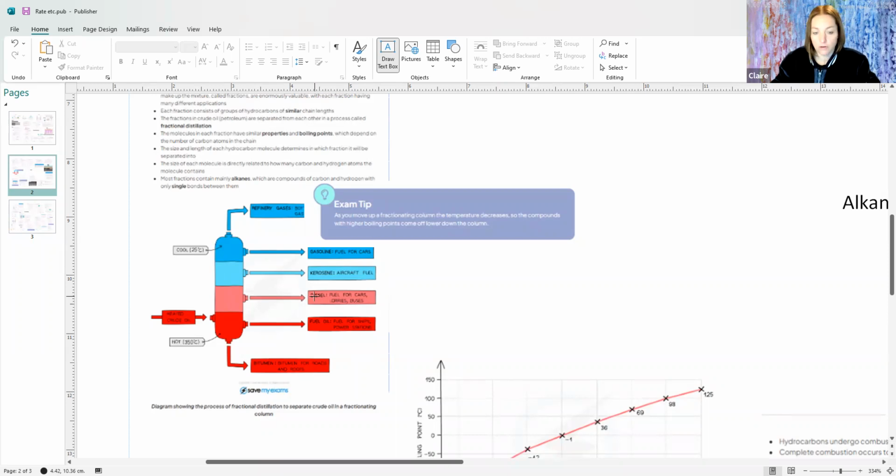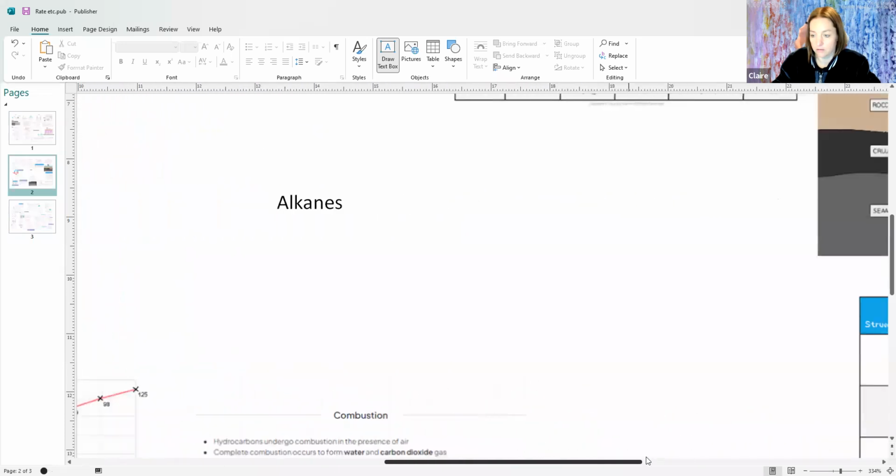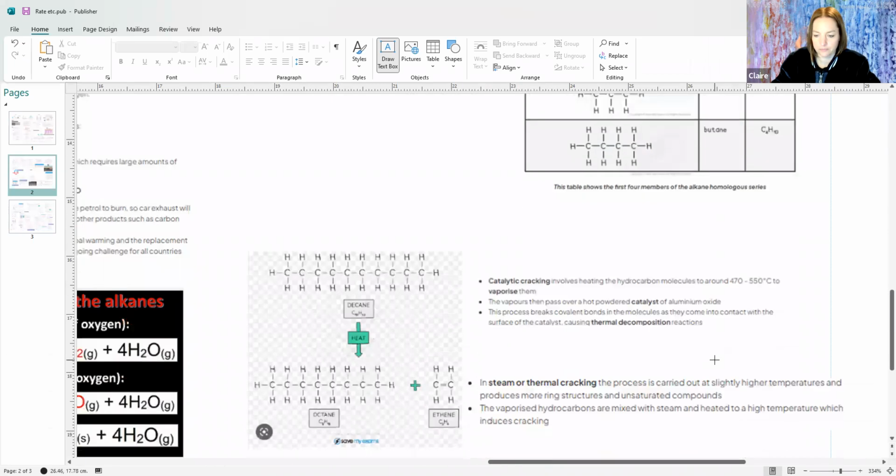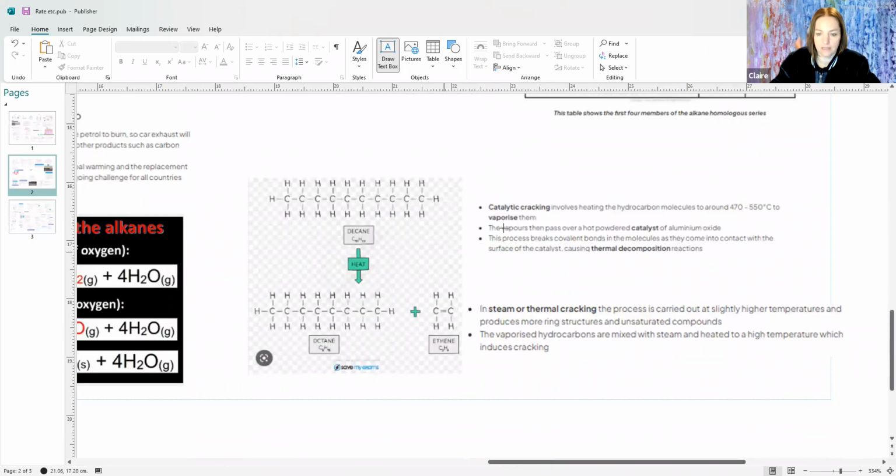So what cracking is all about is taking the longer chains of hydrocarbons, breaking them down into smaller sections that will fit the petrol and diesel demand. How they do that is two processes.